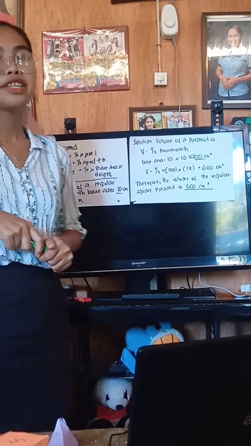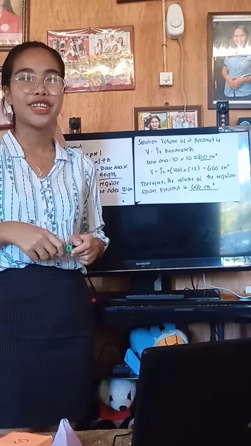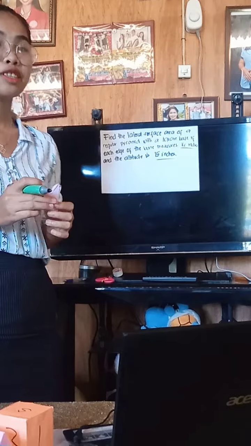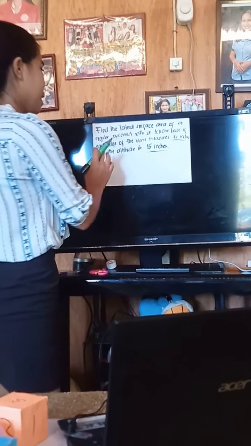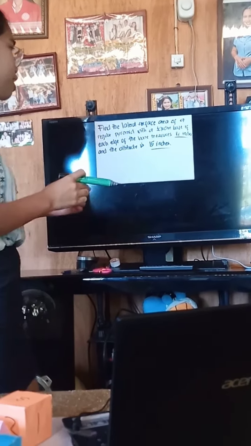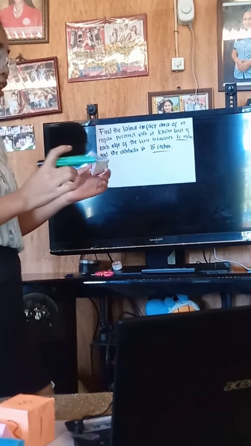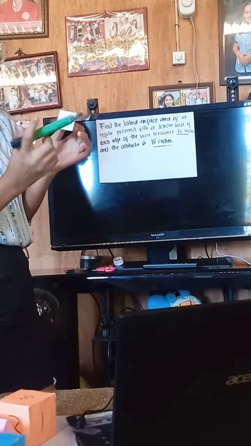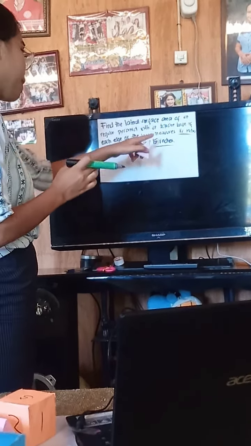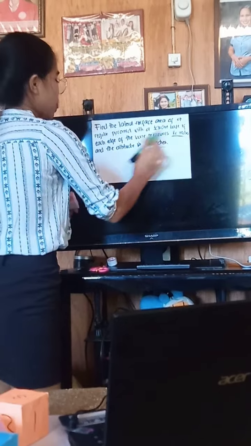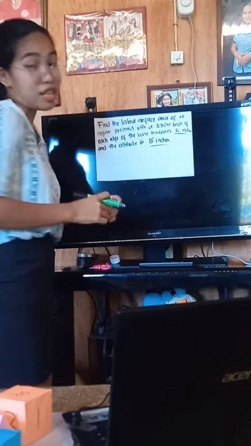So, for better understanding, I will give you another example. For the last example, the problem is: find the lateral surface area of a regular pyramid with a square base, if each edge of the base measures 16 inches and the slant height is 17 inches.